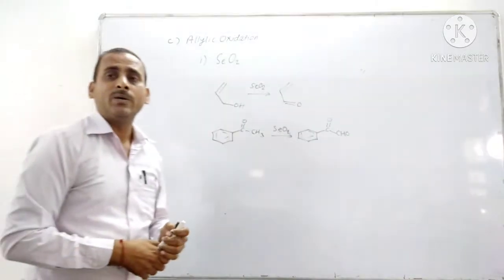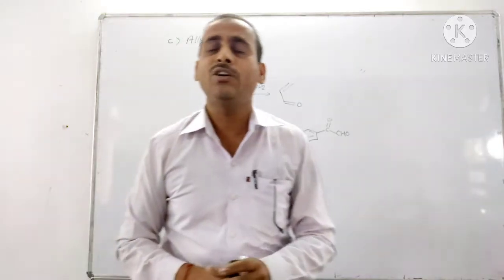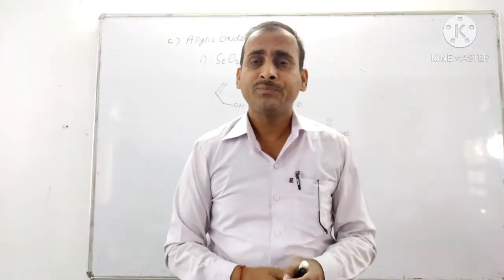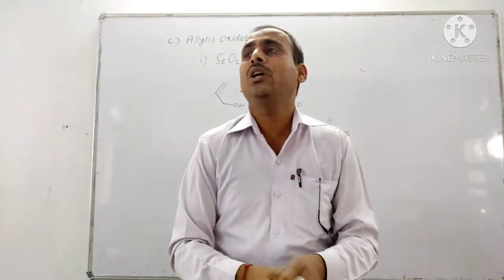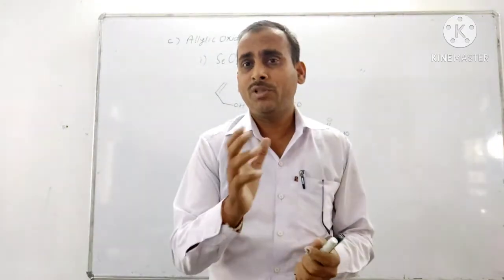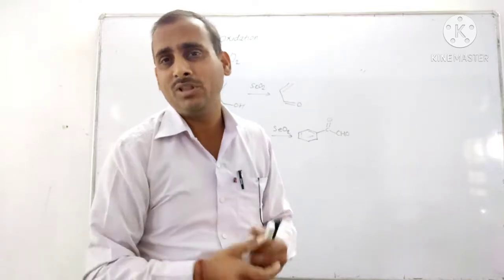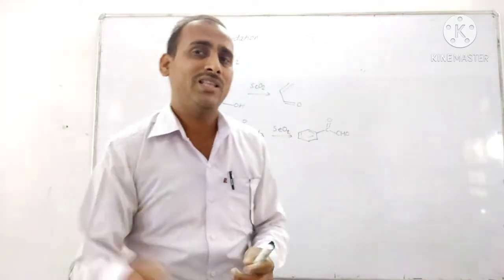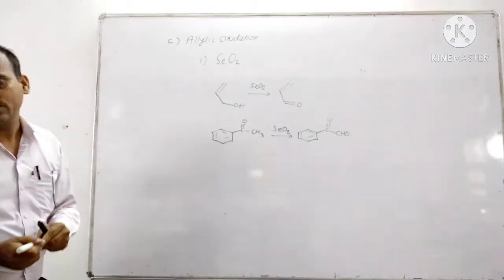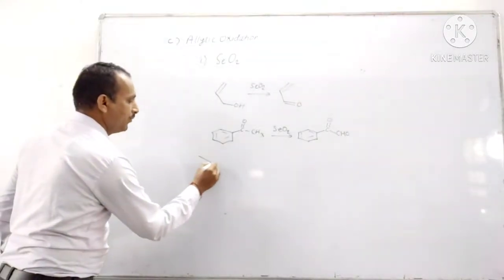Now if there is a tri-substituted alkene, then the methylene group undergoes oxidation. The more substituted side methylene group undergoes oxidation by selenium dioxide. So let's see the example.